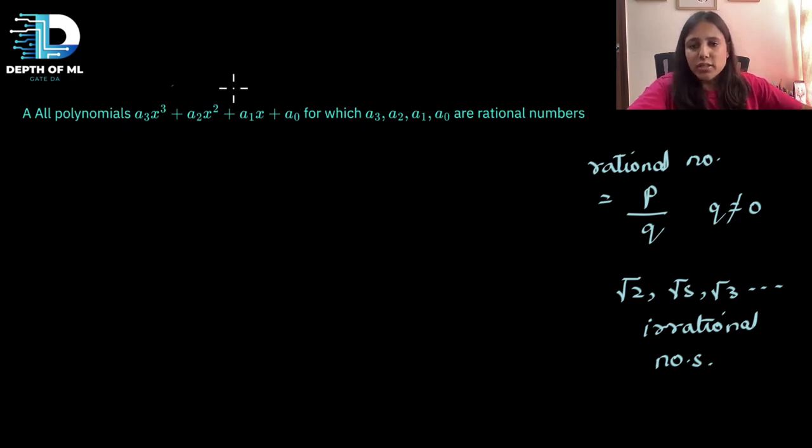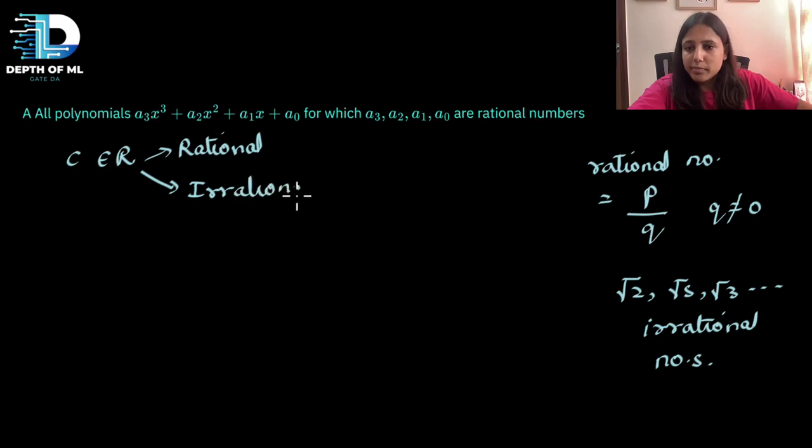Because this question does not say anything about the scalars, I am going to assume that c belongs to R. In R you have real numbers, which means they can be rational and they can be irrational also. Because they did not specify where the scalars come from, by default we will take the scalars from the real numbers.